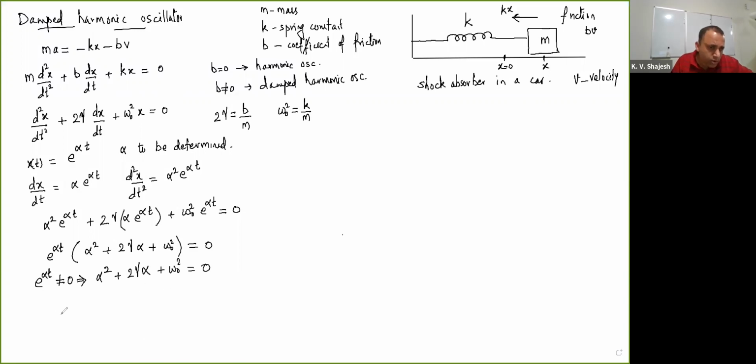And that quadratic equation has 2 solutions, and alpha is equal to minus 2 gamma divided by 2, so the solution is minus gamma plus or minus the square root of b squared minus 4ac, divided by 2. B squared is 4 gamma squared, and the 2 in the denominator cancels out with it, so it's gamma squared minus omega naught squared.